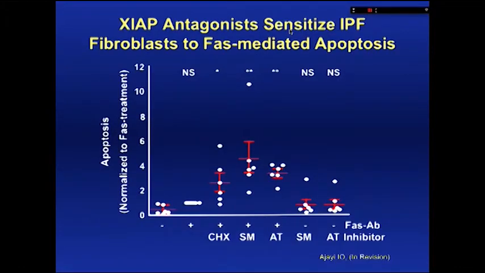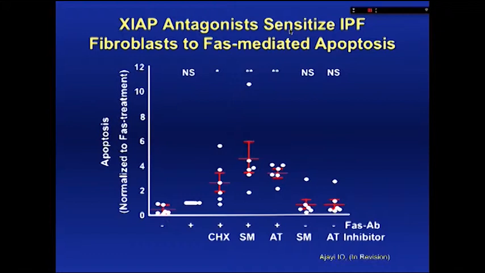So the next question is, does use of antagonists of IAPs sensitize IPF fibroblasts to apoptosis, or is their resistance to apoptosis a fixed feature of these cells? What I've shown here is a dot plot so you can see the distribution of responses, where each dot equals a different IPF cell line.